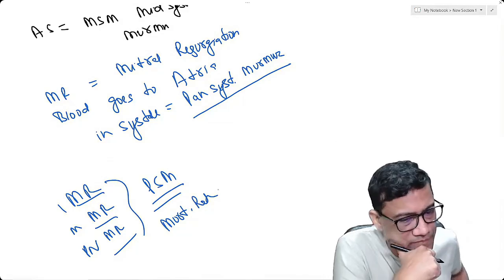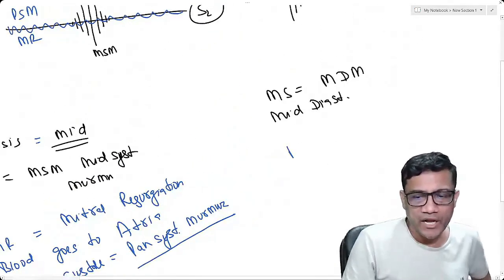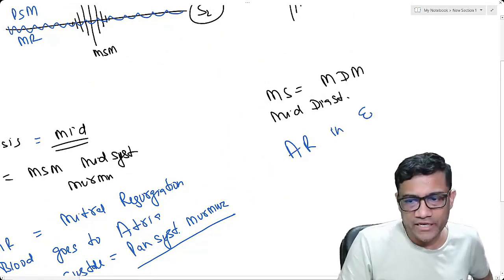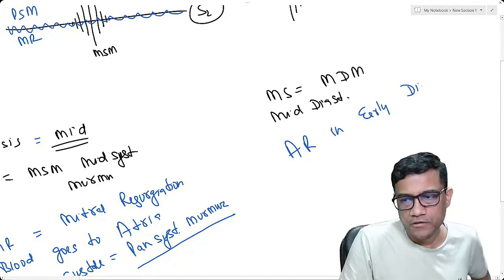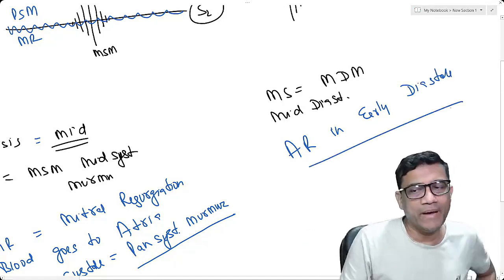Done हो गया? चलो. And now if there's aortic regurgitation, so obviously aortic regurgitation in diastole, in early diastole, क्या होगा? Aorta recoil and push blood back to the ventricle.